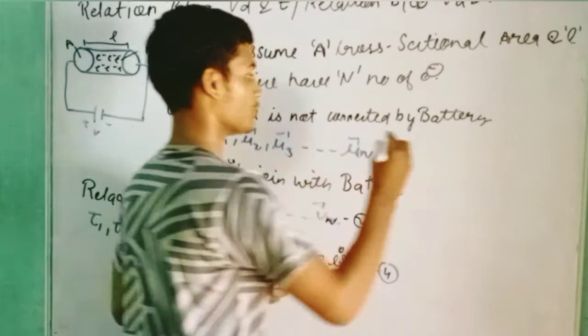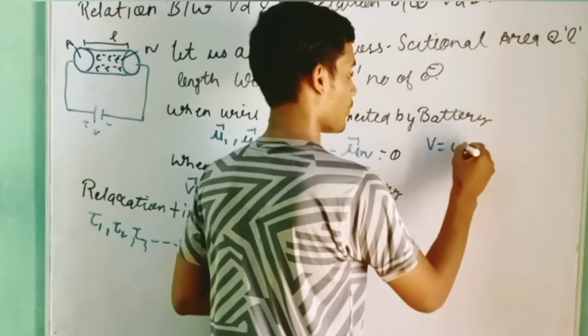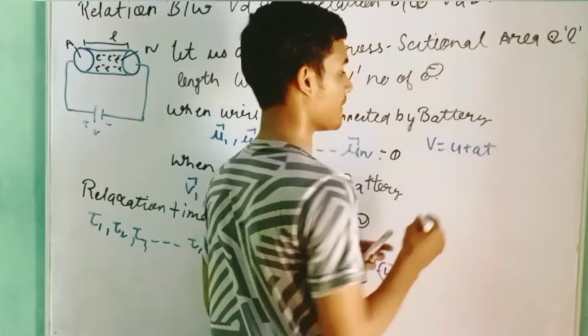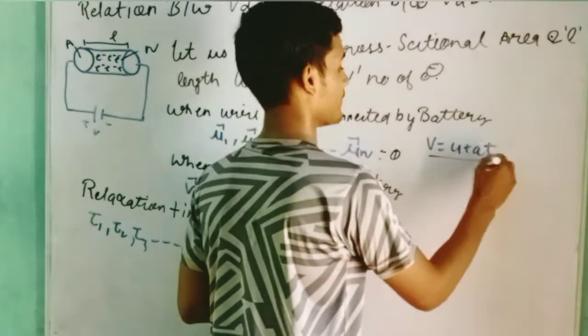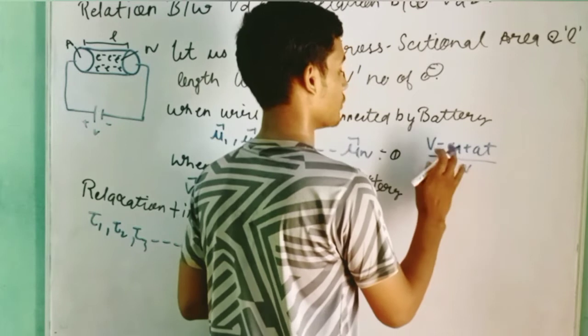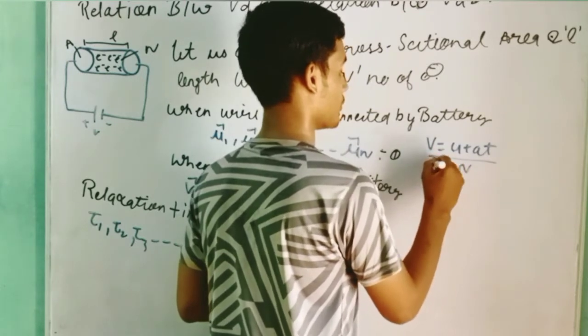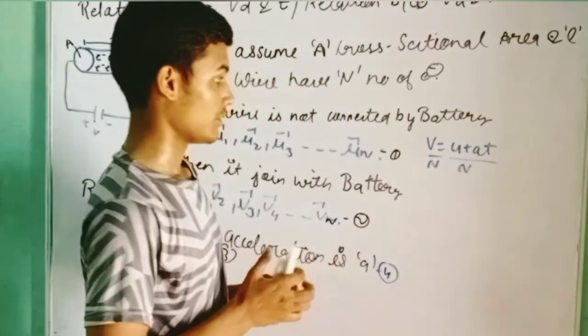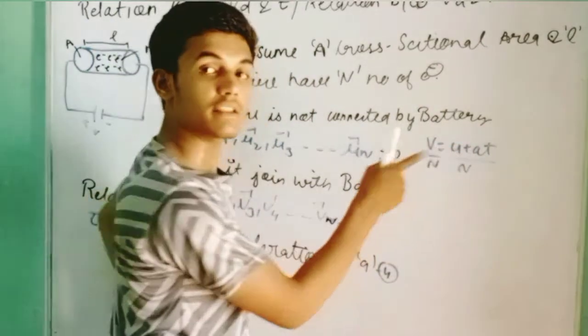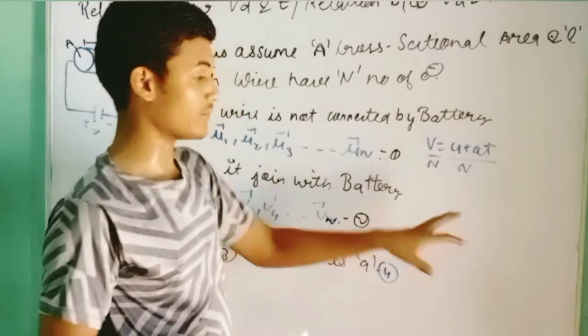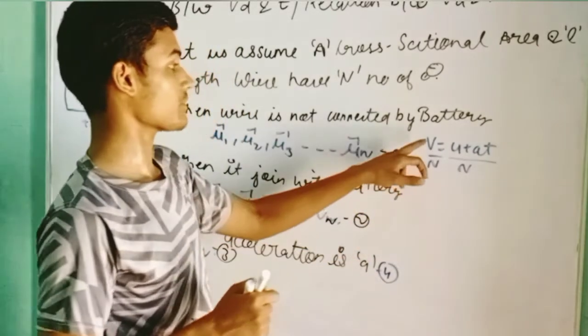Now we take v is equal to u plus at and divide it by N on both sides, because when it comes here it cancels out, so there is no effect on the formula.